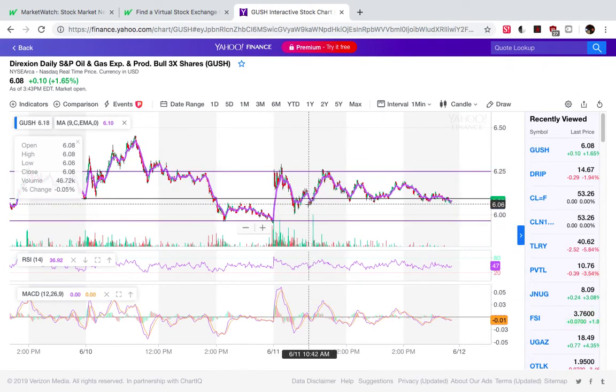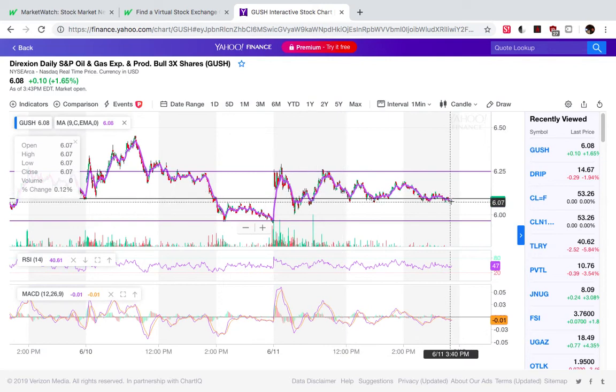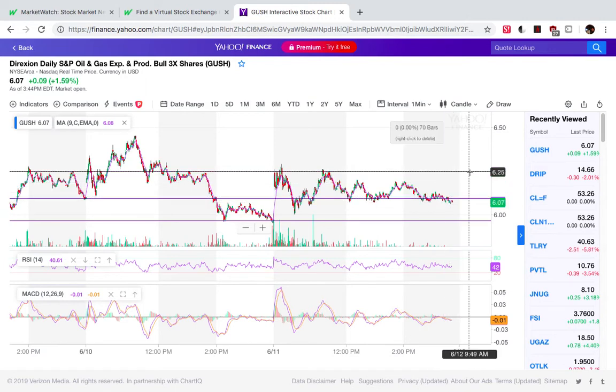So basically, say you're seeing this graph here, and you're saying, okay, I think it's going to go up to $6.25 at this resistance, and that's where I want to sell off.